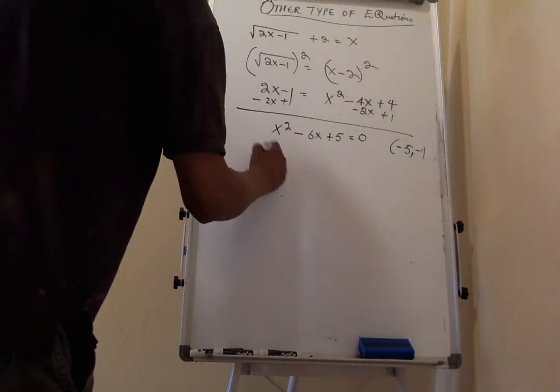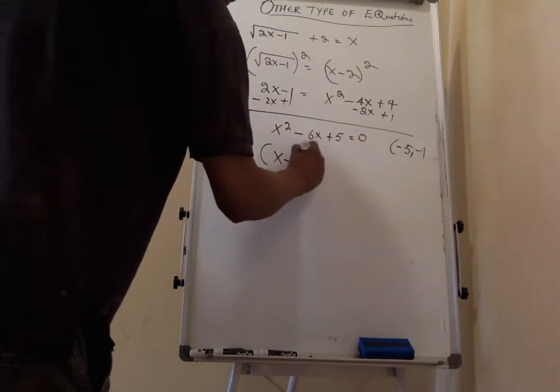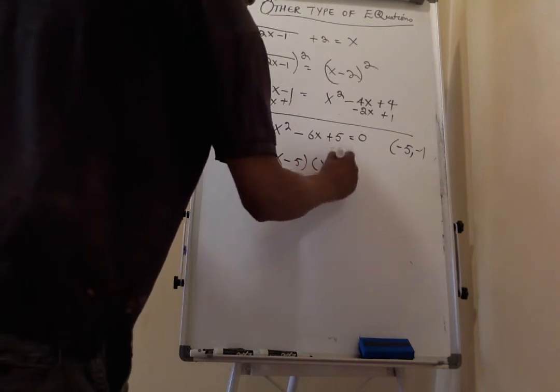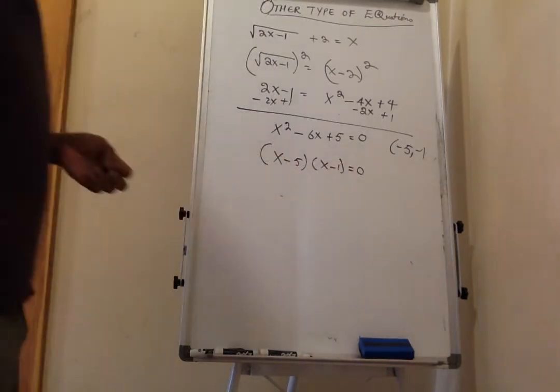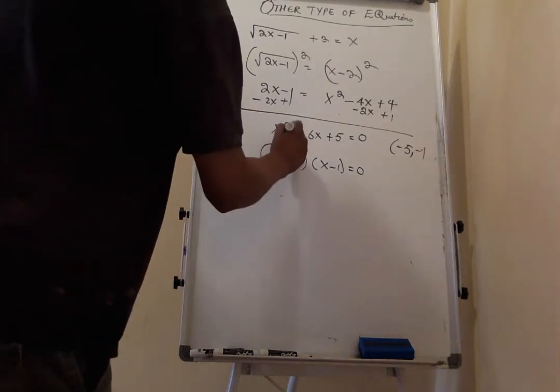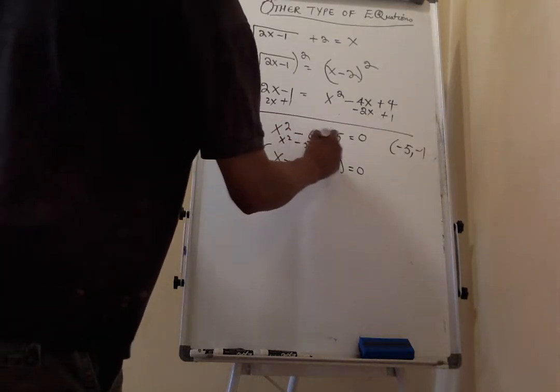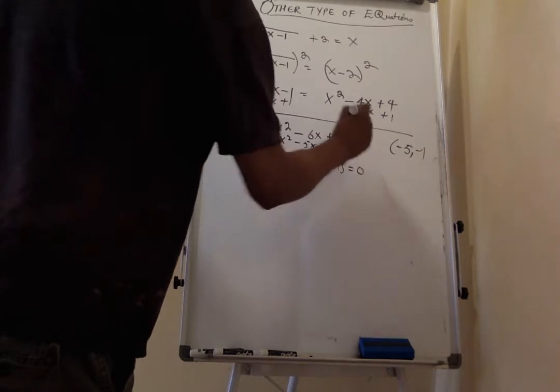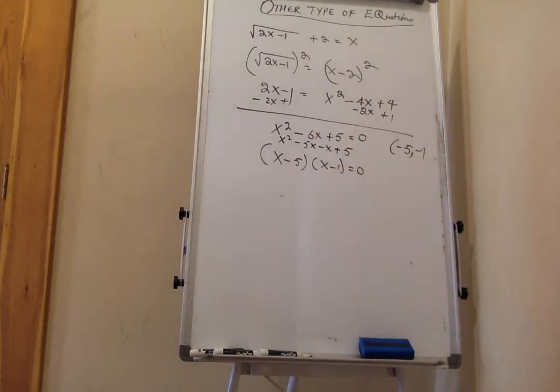So let me put x minus 5, x minus 1 is equal to 0. Meaning what? I'm doing this, x squared minus 5x minus x plus 5, right? So if you do that, you're going to end up with x minus 5 and x minus 1.